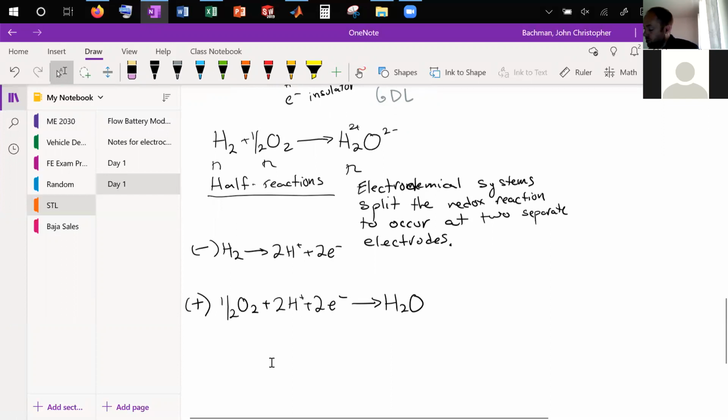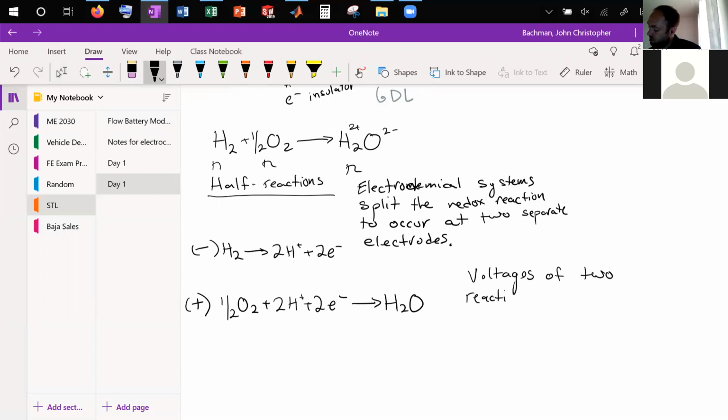So we're still thinking about voltages, right? So the voltages of these two reactions don't really mean anything. That's a reference reaction.